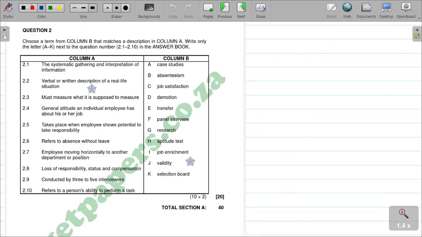Right. So we're going to question 2. So 2.1.